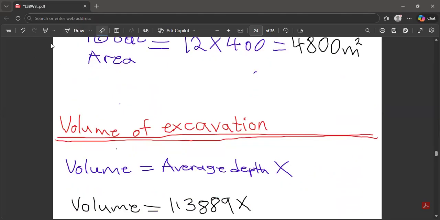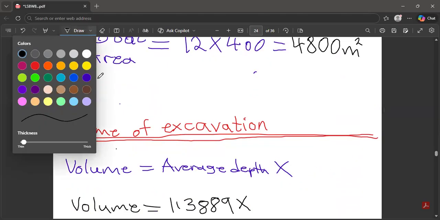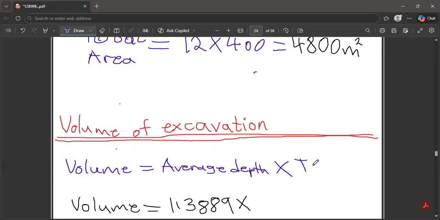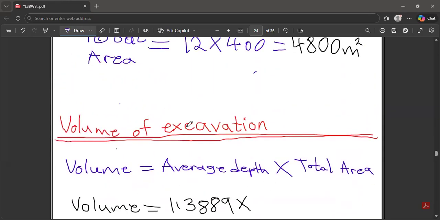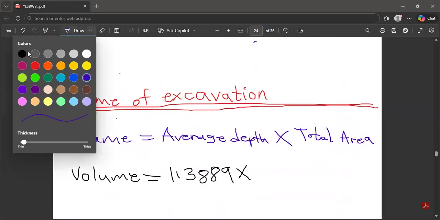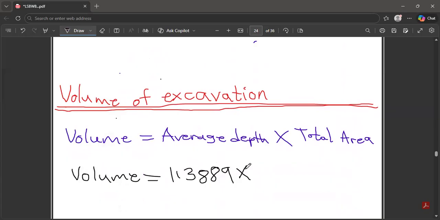Let me write it well. That is the total area. So the total area was 4,800.